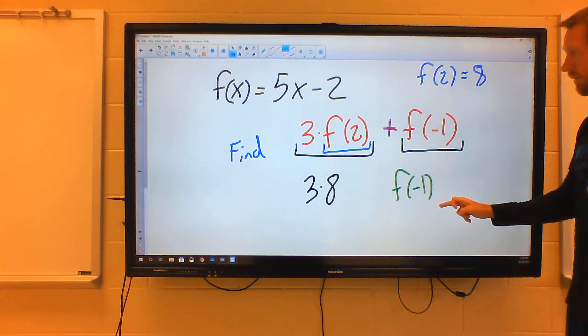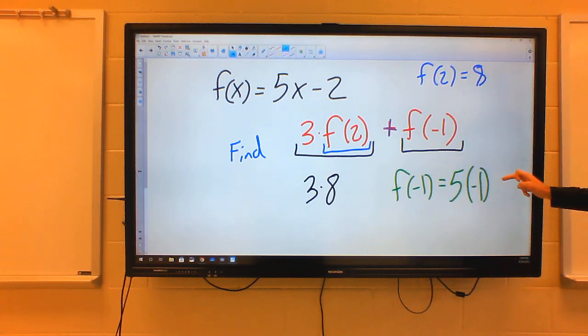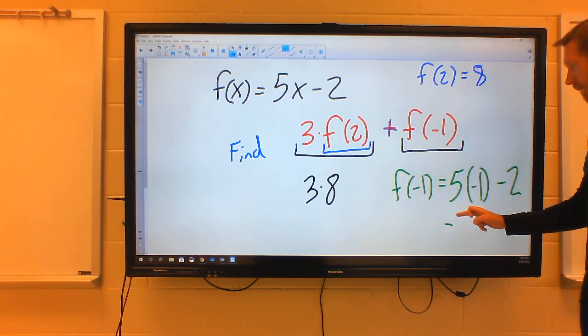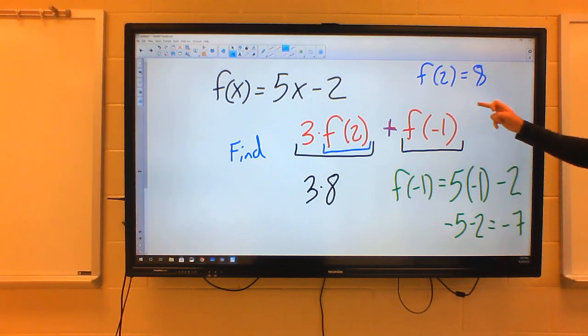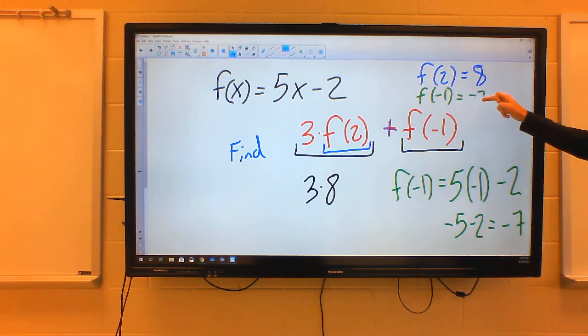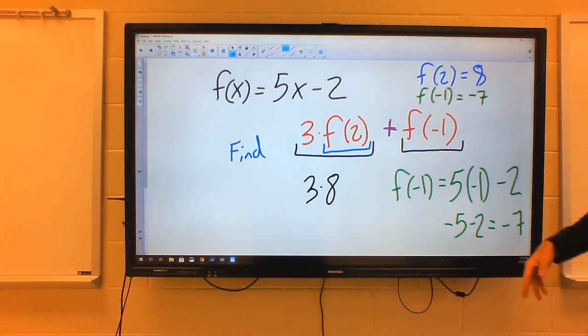F of negative 1 is 5 times negative 1 minus 2. 5 times negative 1 is negative 5, minus 2 is negative 7. So now we have the statement f of negative 1 is negative 7. Okay? I'm just showing my work, kind of summarizing my work up there.